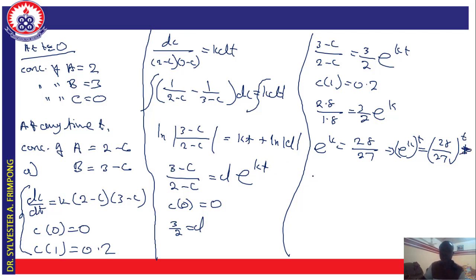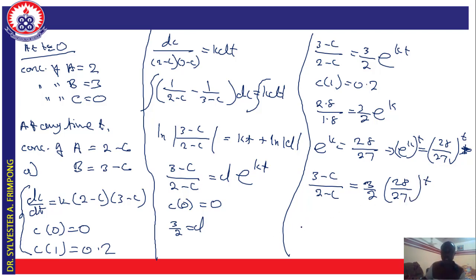Therefore we are going to have 3 minus C over 2 minus C equal to 3 over 2 times 28 over 27 raised to the power t.